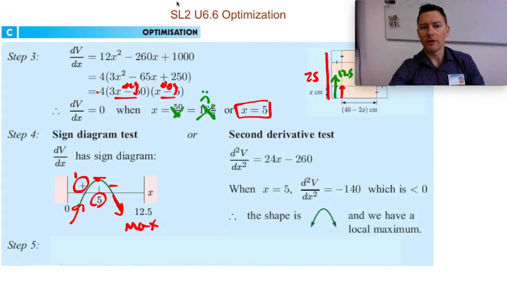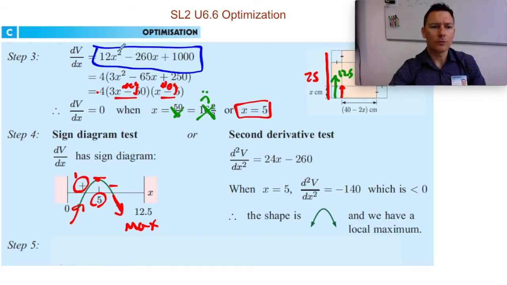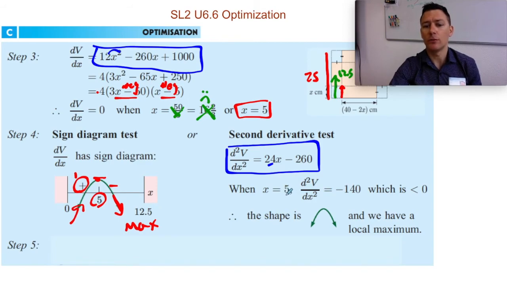Alternately, you could throw it into a second derivative. You'd be taking the derivative of this, and so the 2 and the 12 give you the 24, and then there's your 260. So this is the second derivative, and you ask what's the second derivative at x equals 5.